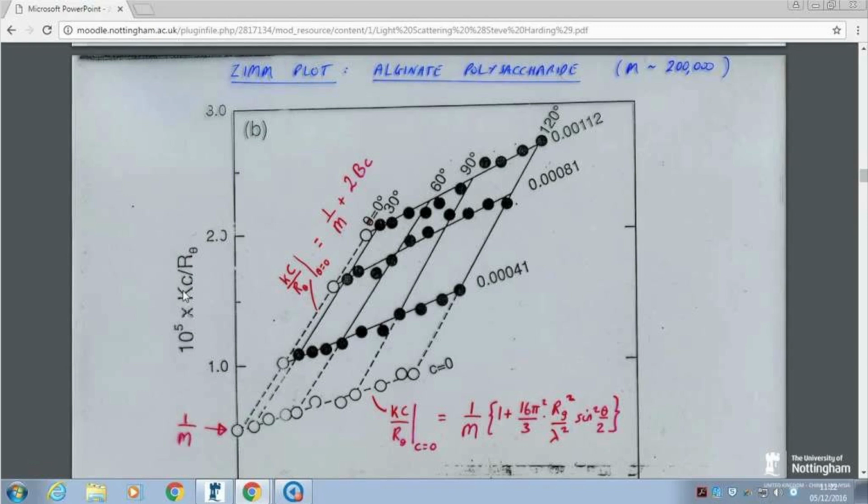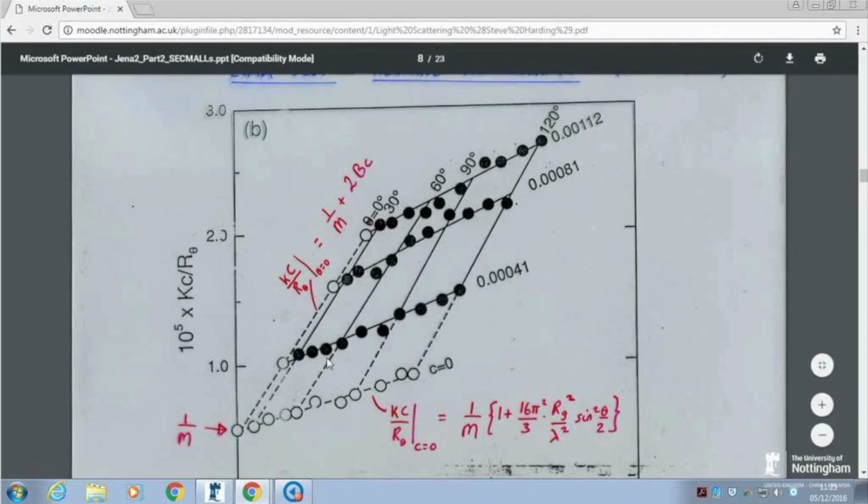wavelength. What else was in there? The dn/dc, that's right, yes, the dn/dc squared, that goes in there. So you just make measurements of the light scattering intensity, at a number of angles for each concentration, and then you plot them on this special graph.